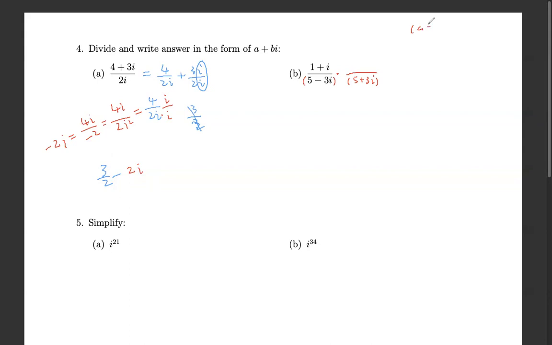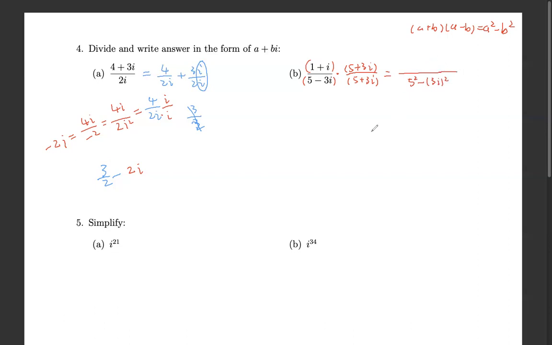We have a plus b times a minus b, that equals a squared minus b squared. Of course, we need to multiply by the same thing for the numerator. Then the denominator by the formula, we get the first one squared, 5 squared, minus 3i squared.